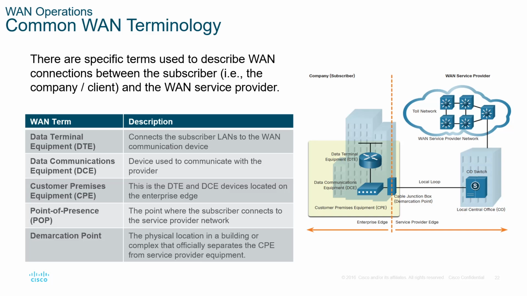So this is how things work. You have the ISP, the WAN service provider network. Usually the ISP has something called a local central office, and this local central office will have a connection to your premises. Here we have a cable junction box, and from here, the ISP will create the connections to every single one of their customers.